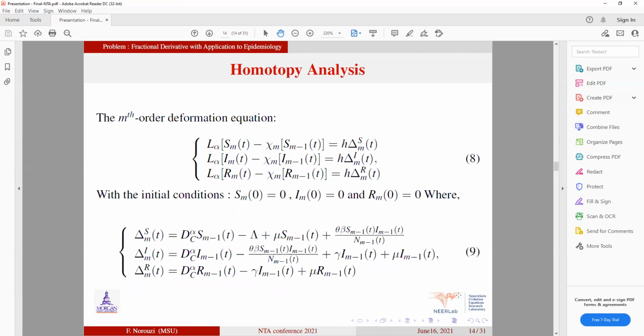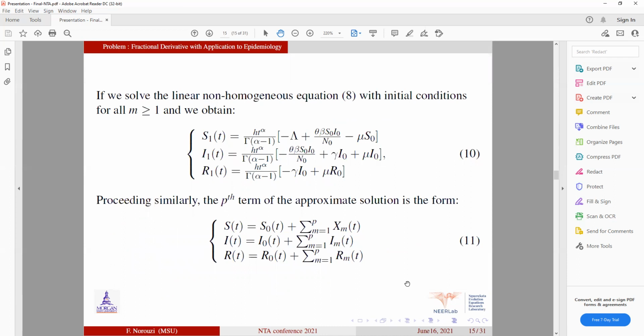We first solved using the homotopy analysis method, and we found the solution after finding the nth order deformation equation with these initial conditions. And we also solved the linear non-homogeneous equation, and after proceeding similarly, we got the pth term of the approximate solution, represented as equation 11.